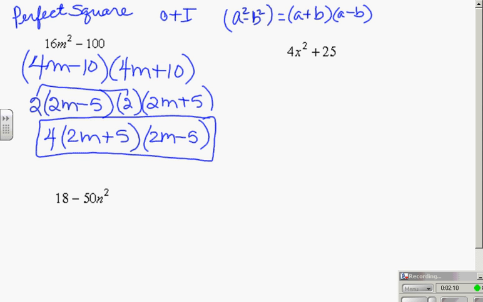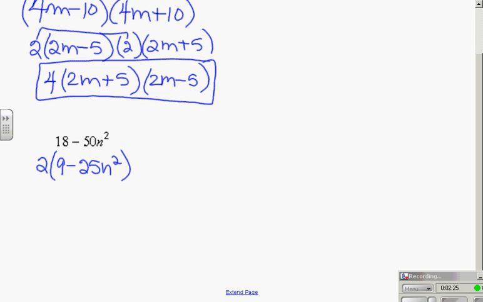Now, let's go down to 18 minus 50n squared. There is a greatest common factor here, so I'm going to take that out. That's a 2. And I have 9 minus 25n squared. That leaves me a perfect square in the middle. If you wanted to try to do it by trial and error, you get kind of stuck because what's in the middle?